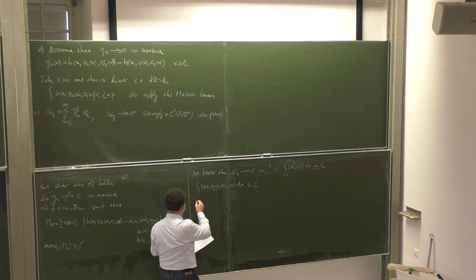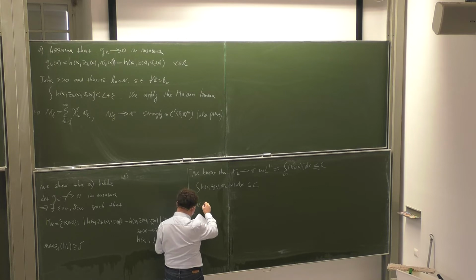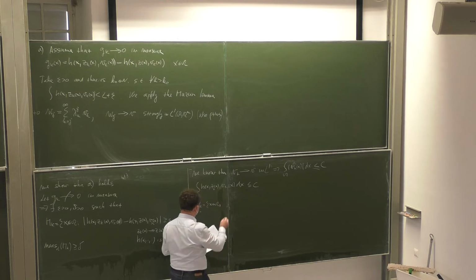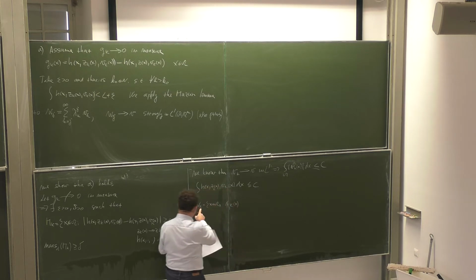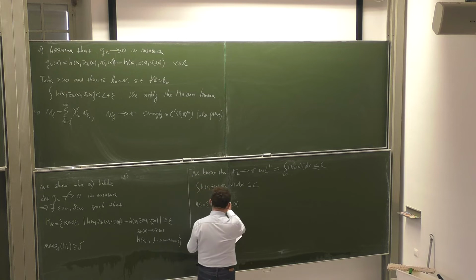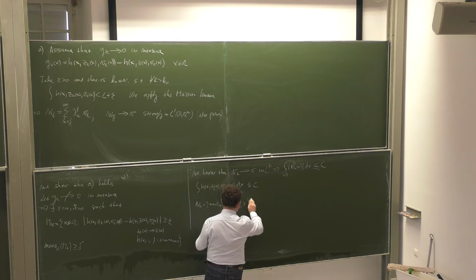So now we can define another set, which I call Nk, and this is x in Omega. And now you say, okay, I want points where Vk of x, the set is indexed by k, in modulus is bigger than 4C divided by delta.